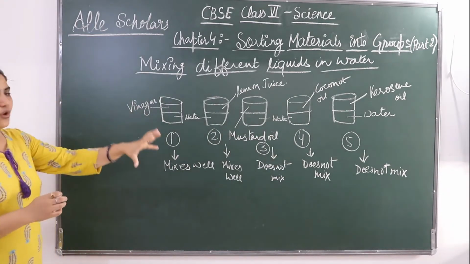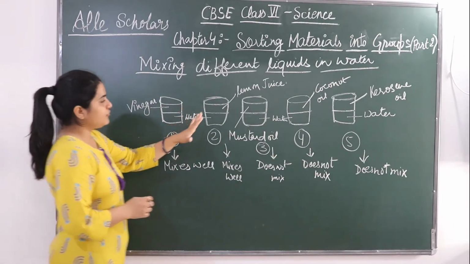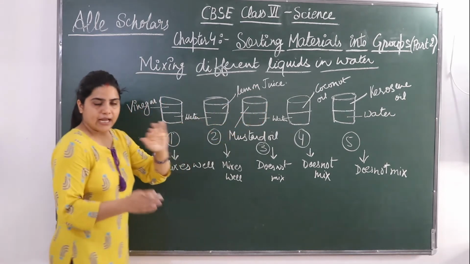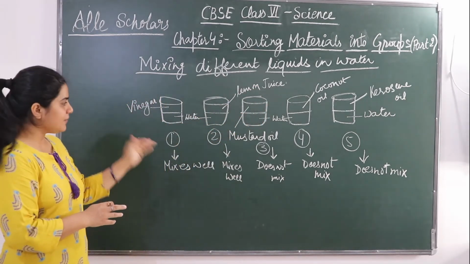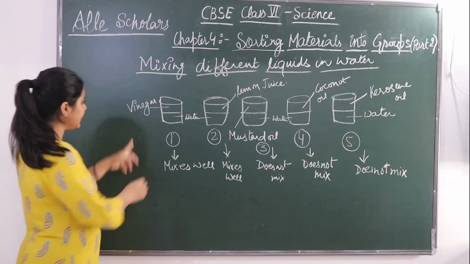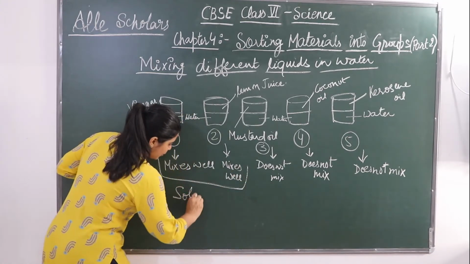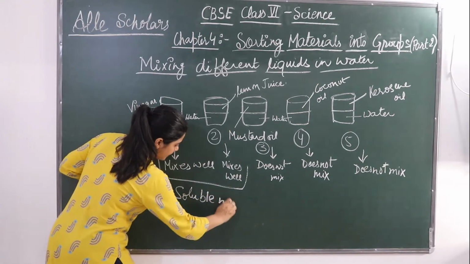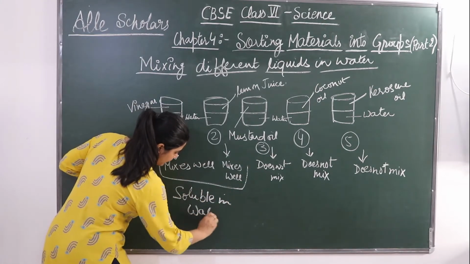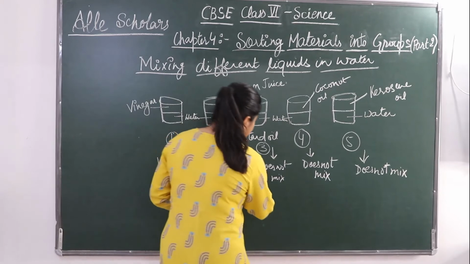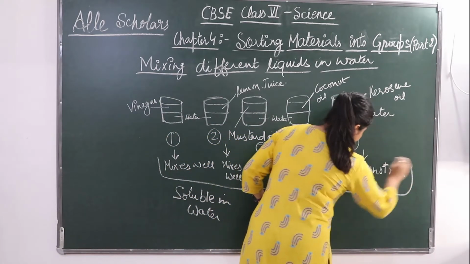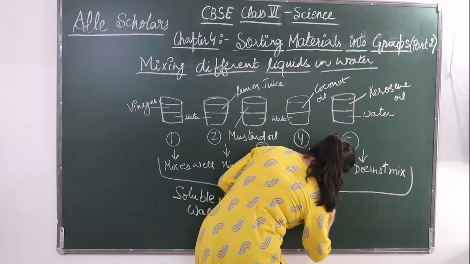So again we have got 2 categories of solubility in water as we have seen in case of solids. Similarly in this case also we find that in this category, they are soluble in water, and in this category, they are insoluble in water.